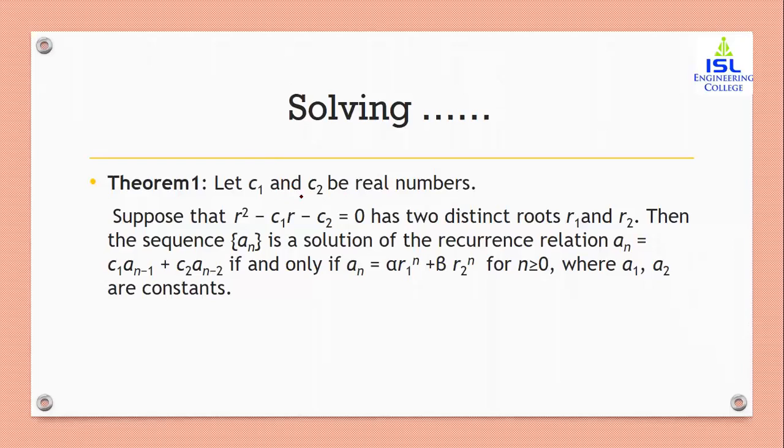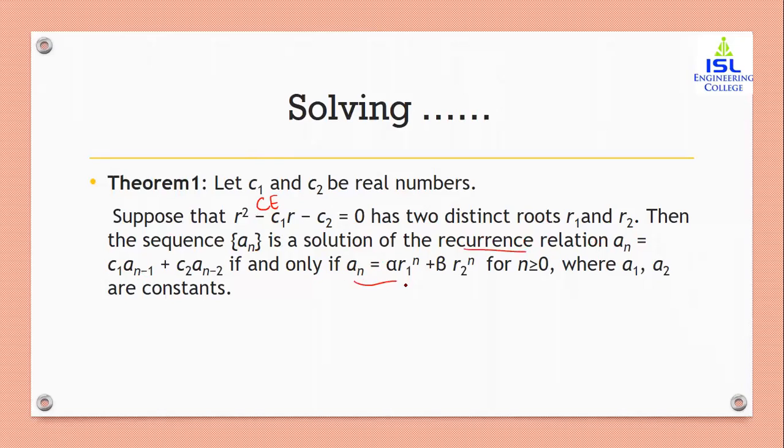So C1 and C2 are real numbers, and we have the characteristic equation r squared minus C1 r minus C2 equals 0, where the roots are r1 and r2. Then the sequence a_n is the solution of the recurrence relation a_n equals C1 a_(n-1) plus C2 a_(n-2).